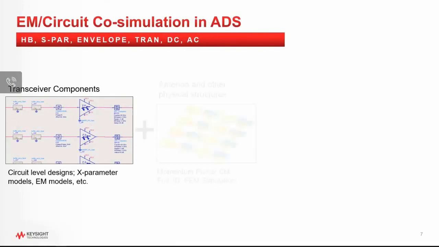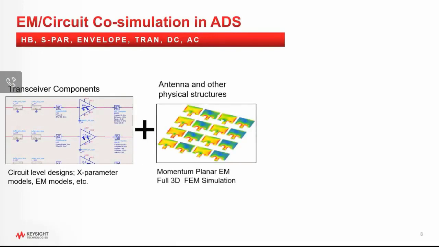And the output of such circuit simulation on the transmit chain drives and excites the physical antenna structure that's being simultaneously co-simulated with Momentum planar EM solver or with a full 3D FEM solver in RFPro.